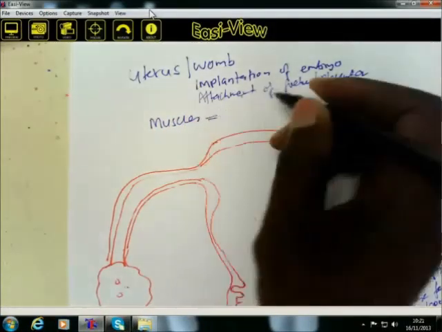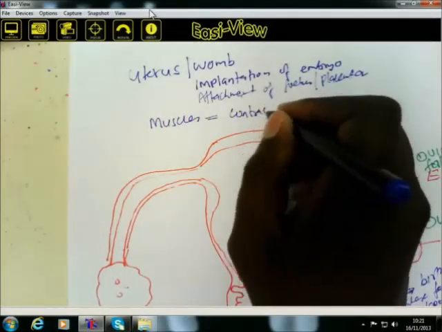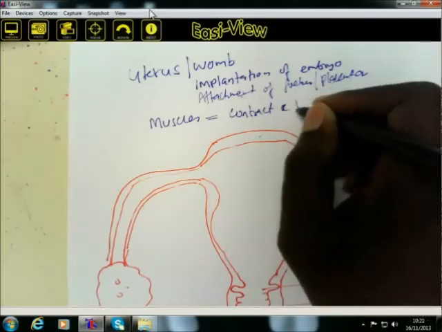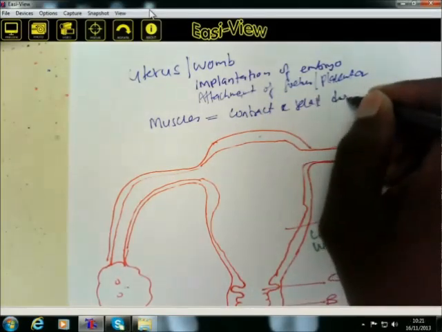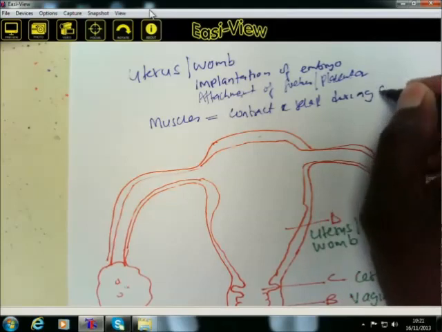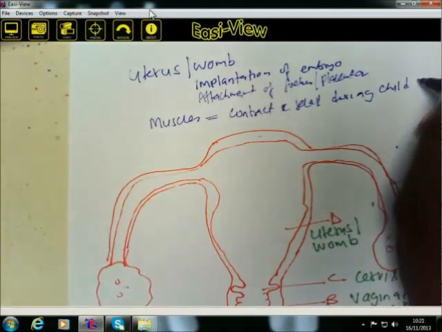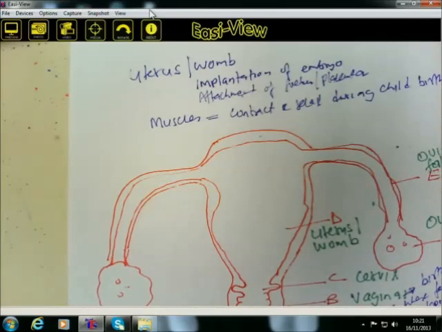Now these muscles, they do what? They contract and relax during childbirth, not child labor, childbirth. Child labor means a child having a child. So we are talking about childbirth when the baby is born.